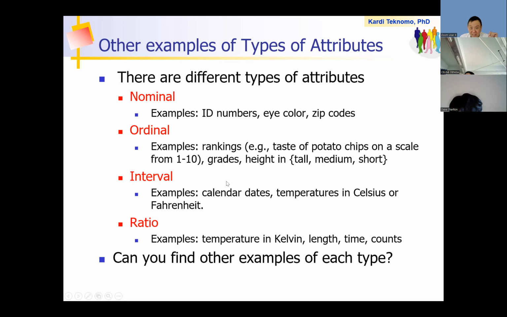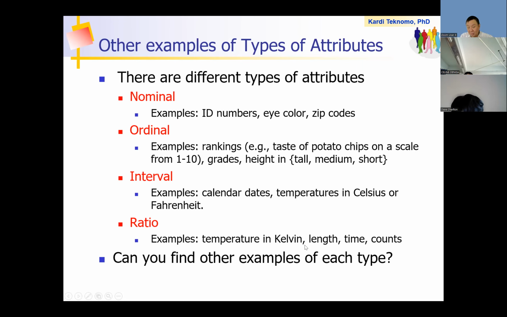But in interval, yes, you can do arithmetic. So date, for example, there is no 0 in the calendar. The same with the clock. There is no 0. So they are interval. So the ratio type is anything with units: temperature in Kelvin, length, the time, the count itself, the frequency are ratio.